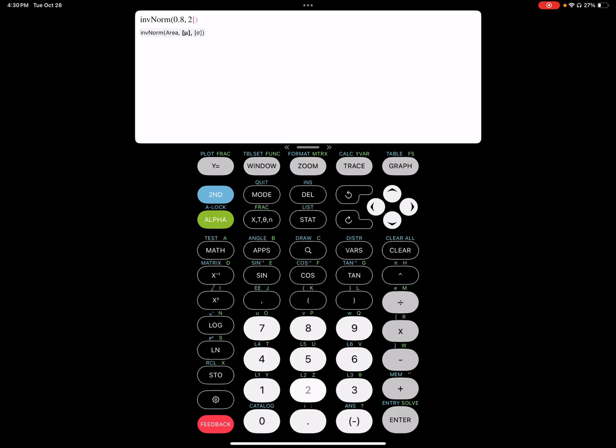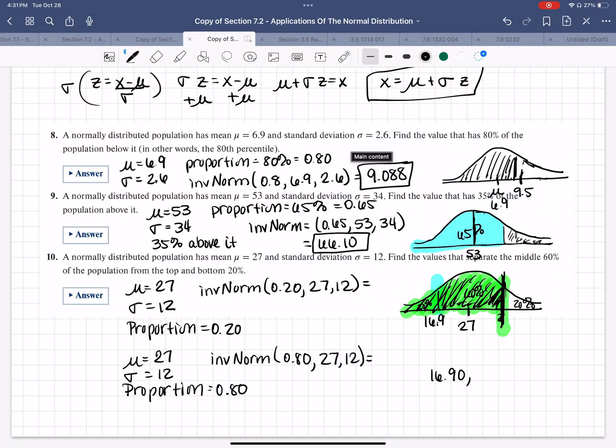I've got 27, which is my mean, and then 12, my standard deviation. That's going to give me 37.10 because it's 0.99, so I'm going to round that up to 37.10. So this value right here is 16.9, and this value right here is 37.10.